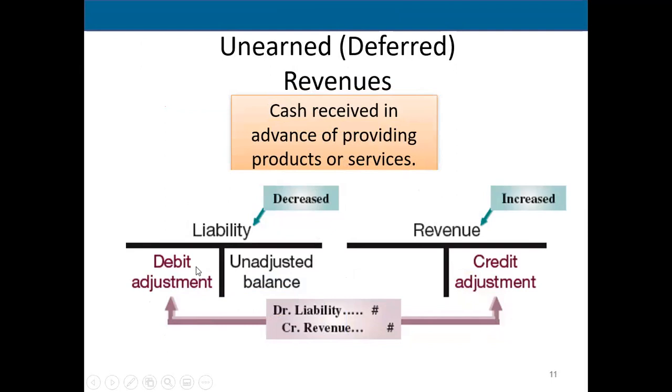So if a customer prepaid us, say $2,000, and when we do our adjusting entry, we've earned 1,000, right? Then we're going to debit unearned revenue, credit revenue. So we're moving it from that unearned ledger account into now the earned revenue account, right?